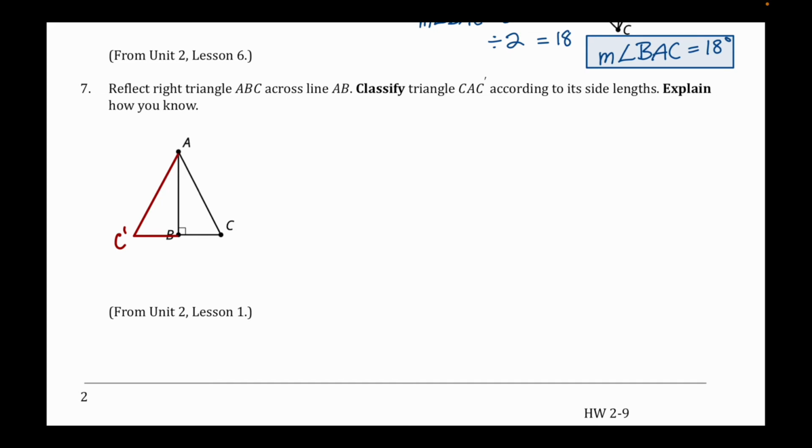Now we know that reflections are rigid transformations and they preserve side length. So we know this side is going to be congruent to this side. And the bottom side of the triangle isn't going to be congruent to anything else that we know of. So this is going to be isosceles.